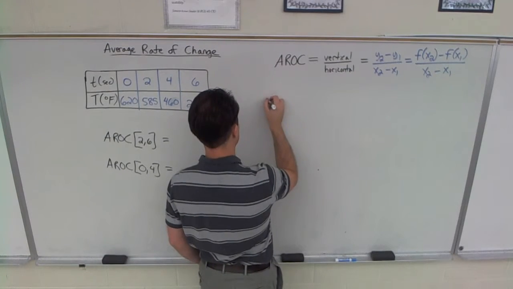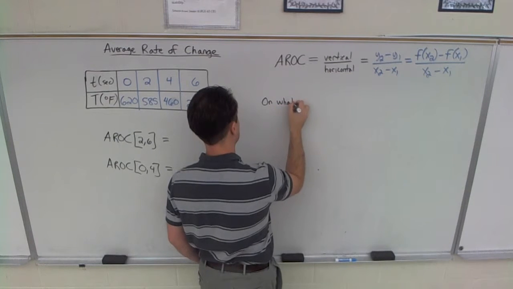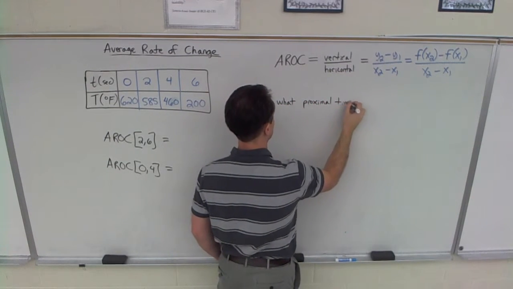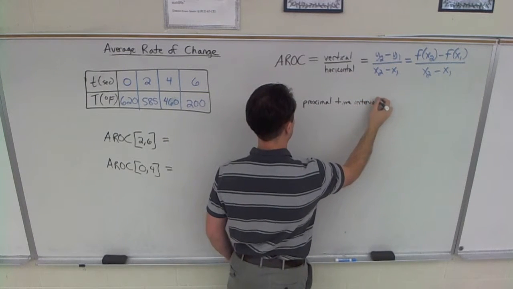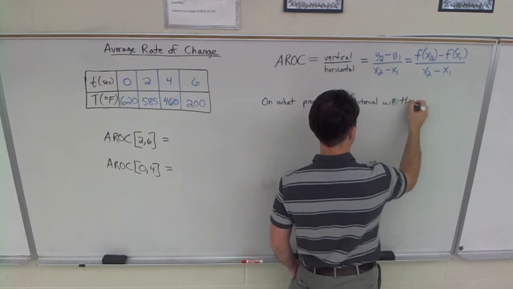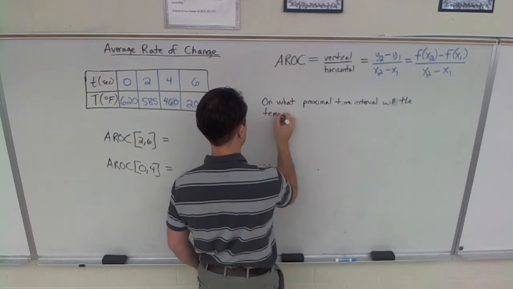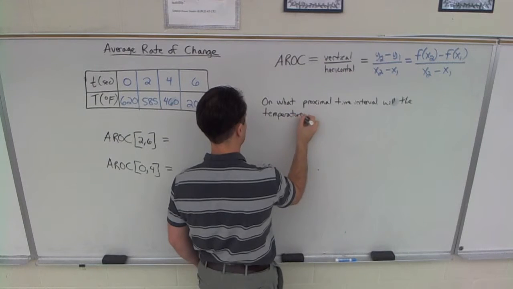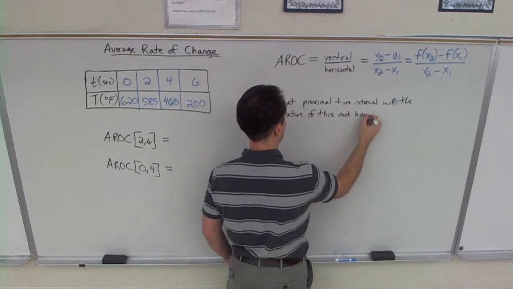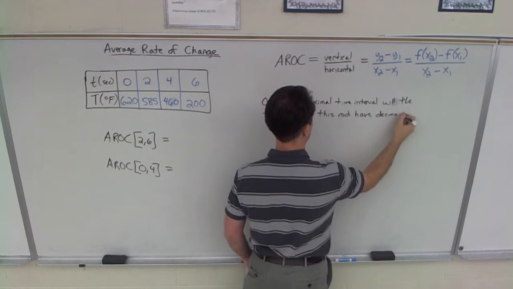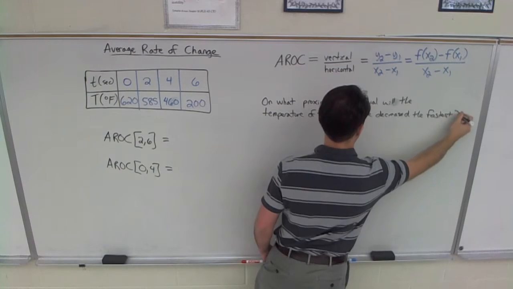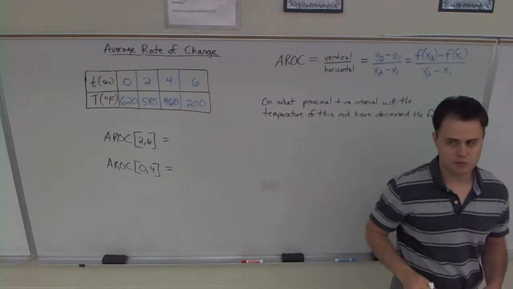On what approximate time interval will the temperature of this rod have decreased fastest? In other words, when is it cooling off at the fastest rate?